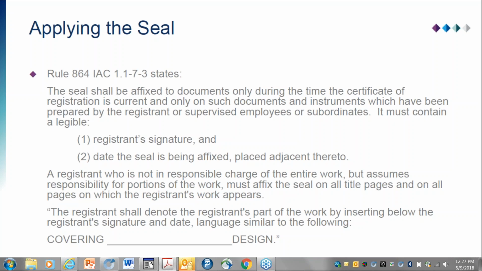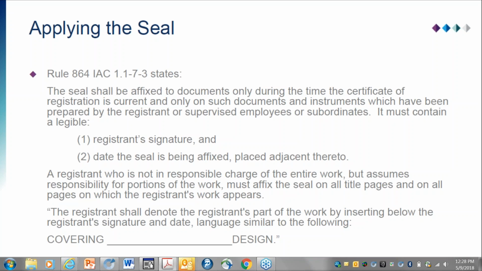Now, one thing that we want to emphasize, too, that's a distinction between Illinois and Indiana is on this same slide about when you're not in responsible charge of the entire work. So let's assume just for the minute that there's a set of some 50 sheets, and say 20 of those are various branches of engineering, and you're happening to do the electrical work, sheets E1 through E6, let's just say.